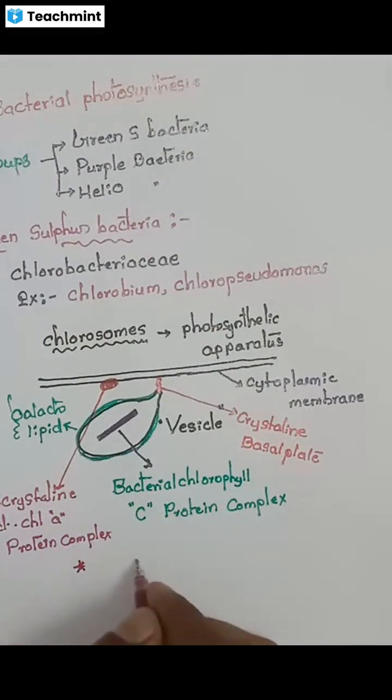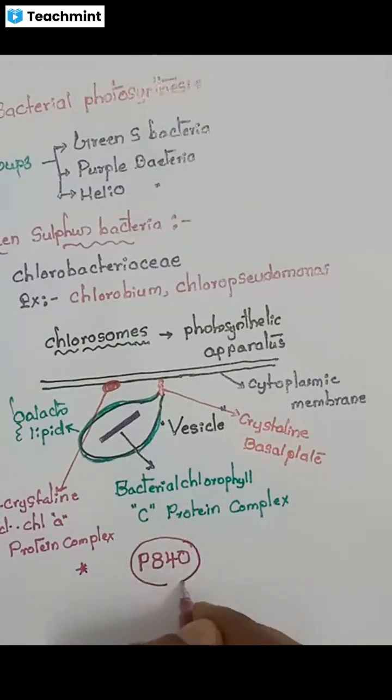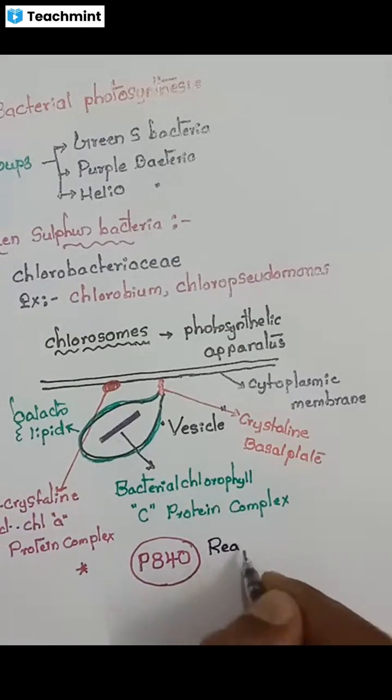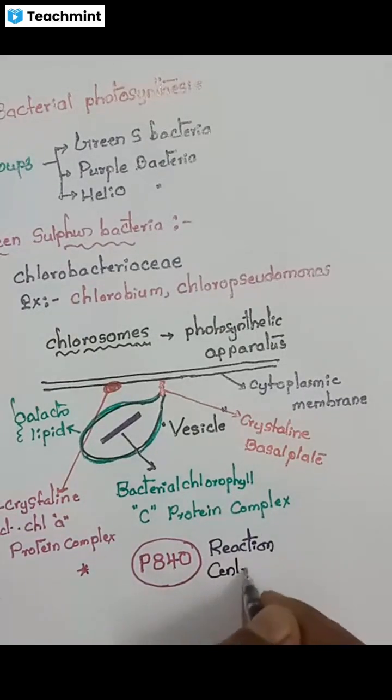So in green sulfur bacteria, the reaction center is P840.